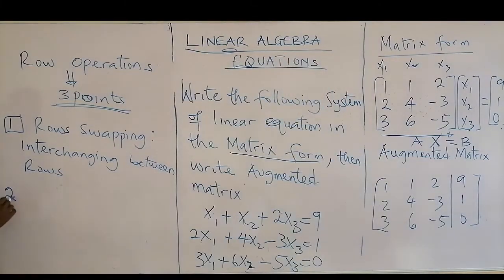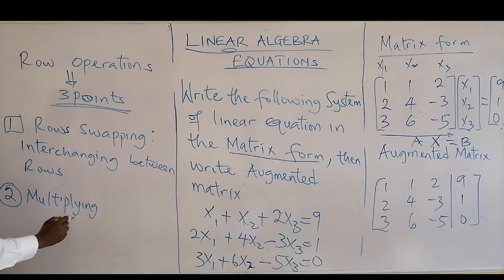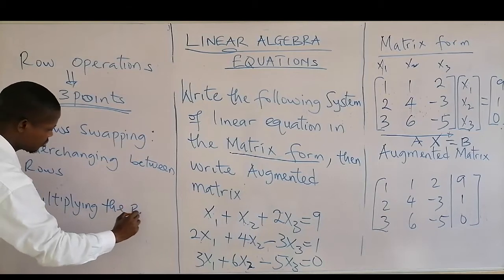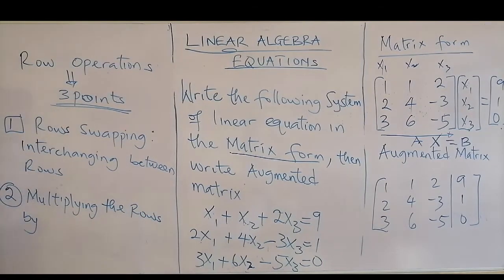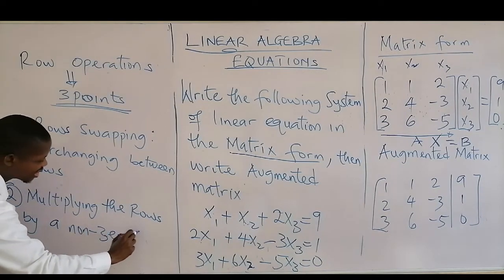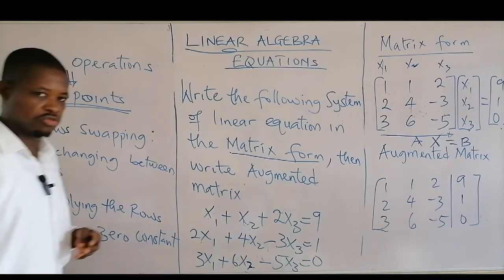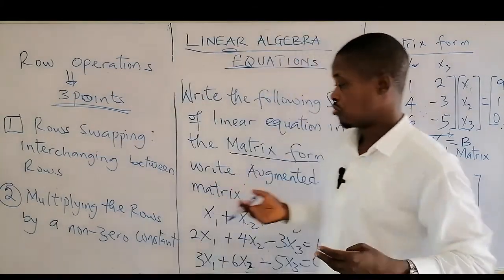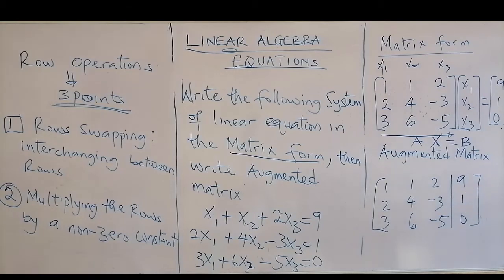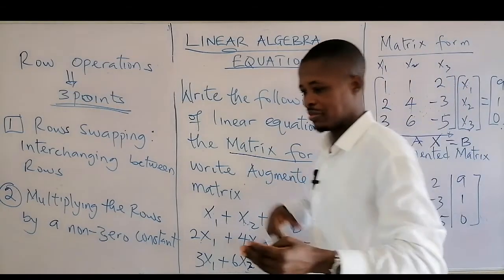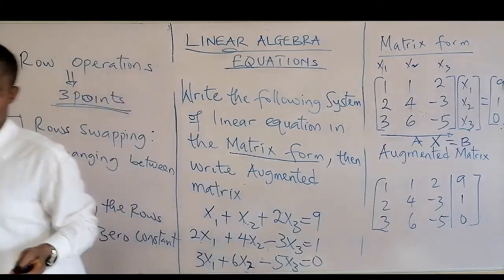The second thing is multiplying the rows by a non-zero constant. Maybe 1, 2, maybe -2 or so. You multiply the rows by non-zero constants, maybe 1, maybe 2, maybe 3, depending on what you have on ground.